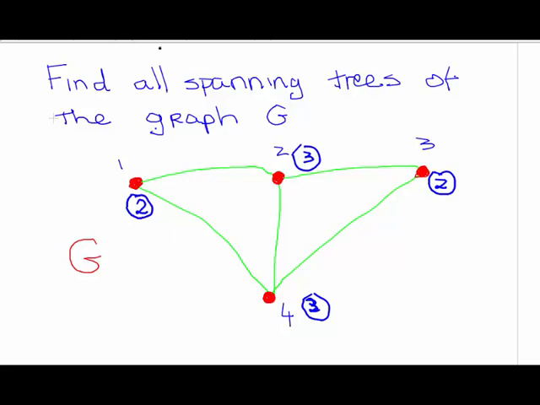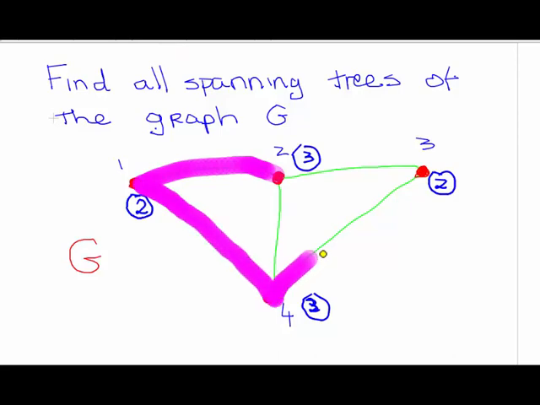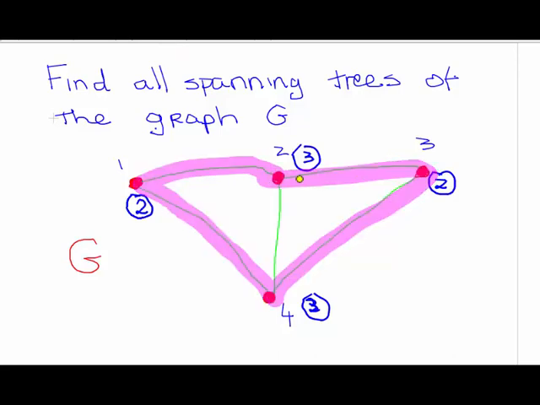Okay, so what I'm going to do in the first instance is look at the perimeter, first off, just to break up the problem into digestible chunks. A spanning tree is essentially a minimal set of edges that connects all of the vertices.